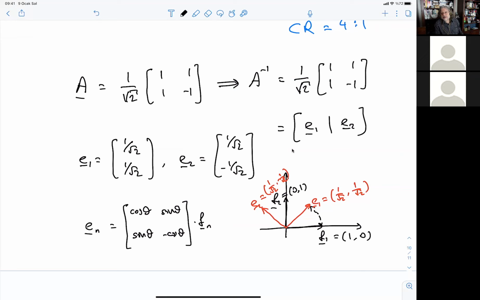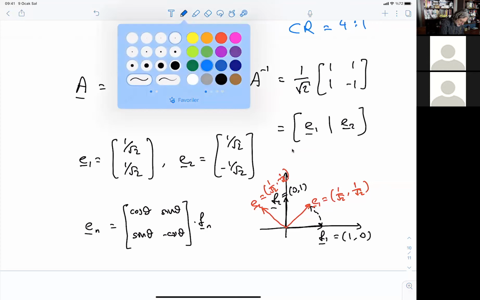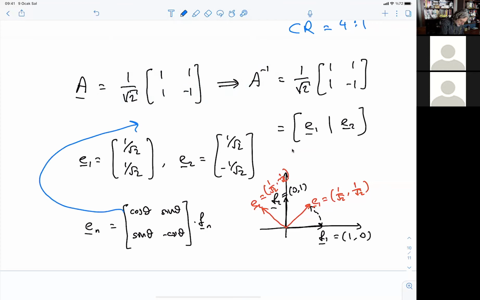If theta is 45 degrees or pi over 4 radians, then if you substitute theta equal to 45, it will give you this, or this, which are the same. So a 45 degrees rotation of bases is my transformation essentially.